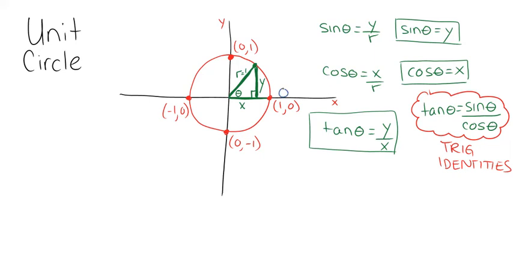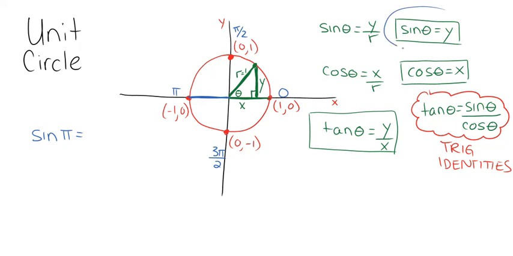So remember, this is 0 radians, up here is pi over 2, this is pi, and this is 3 pi over 2. So let's say I wanted you to find out what the sine of pi is equal to. It's really hard to make a triangle when the terminal arm is on the x-axis.